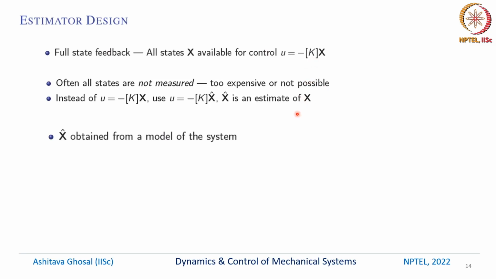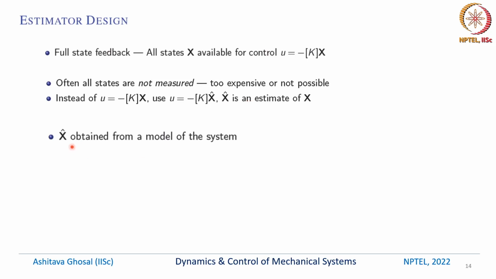We will measure only some of the x's, and then we would like to obtain an estimate of all the x. This is called an estimator, and the question is how we design a system which can estimate all the state variables from few measurements.